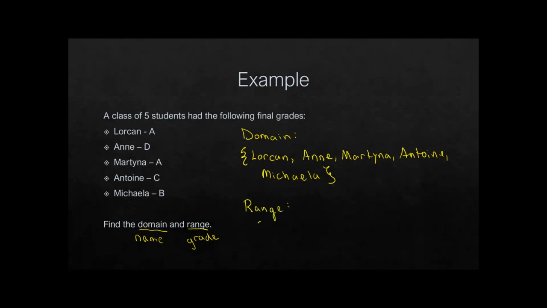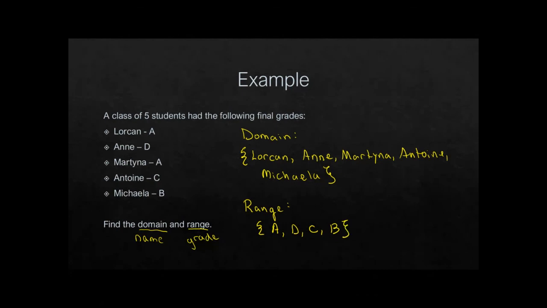The range would be the outputs that are associated with that. So that would be listing the possible grades. If it shows up more than once, you don't have to list it more than once. For the letter A, I can just list it once. And it doesn't have to be in any order here.